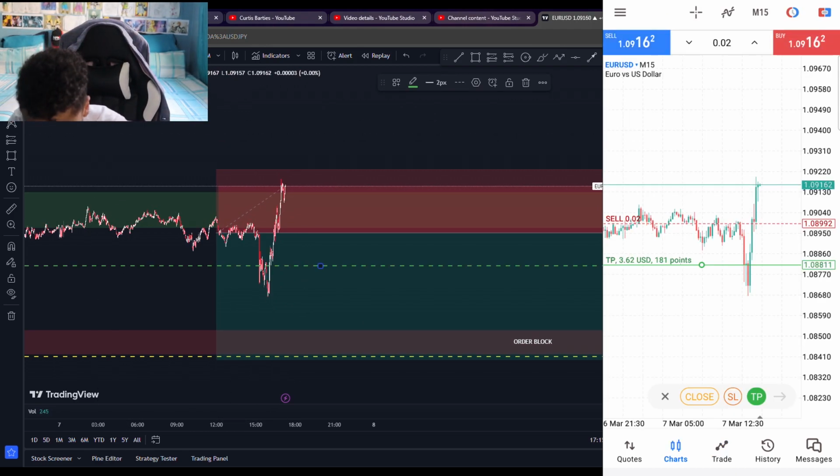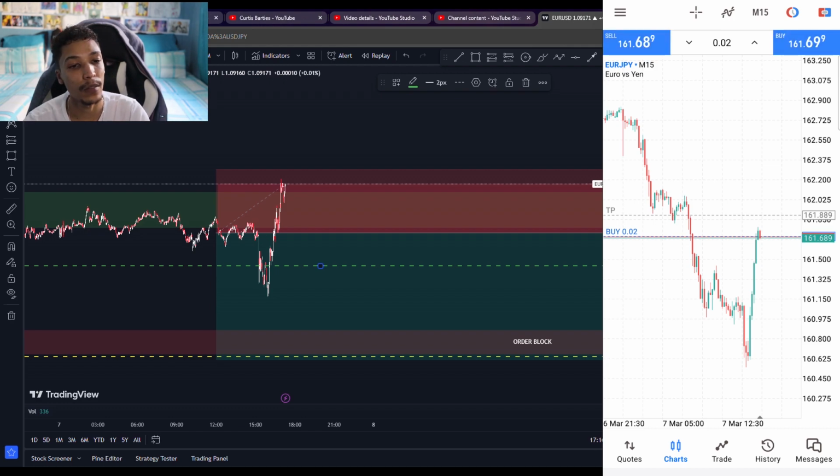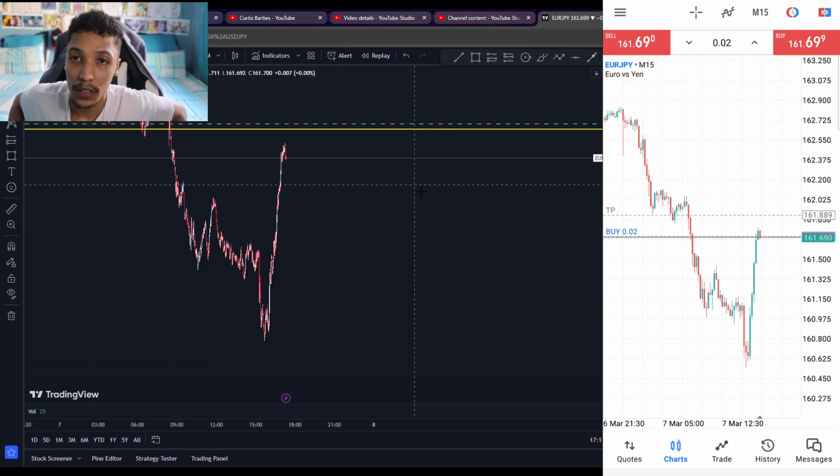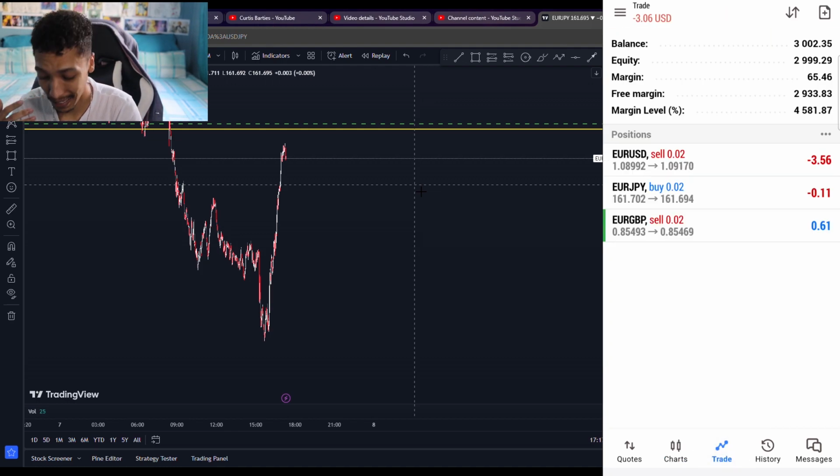I just gotta wait. Like I said, I'm just waiting. Okay, this is going to drop for a while, but it's almost at my TP. I have faith in the Euro JPY that it will hit my TP. Okay guys, so far I have 3 trades placed, losing on 2, blue on 1.